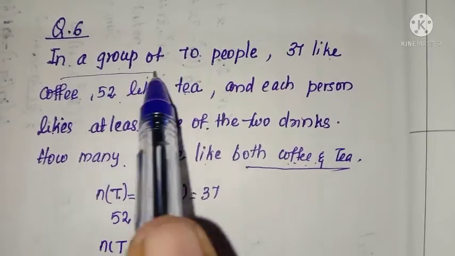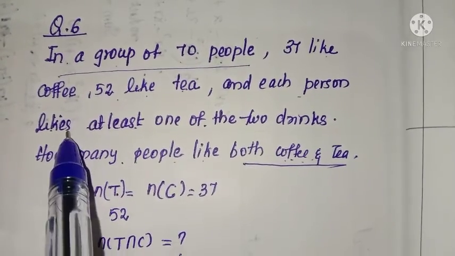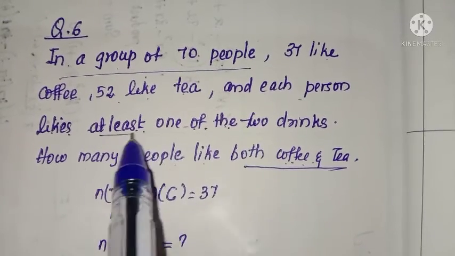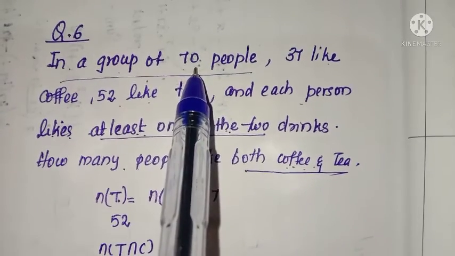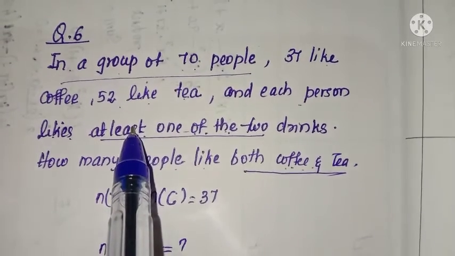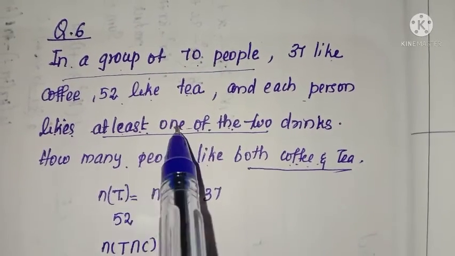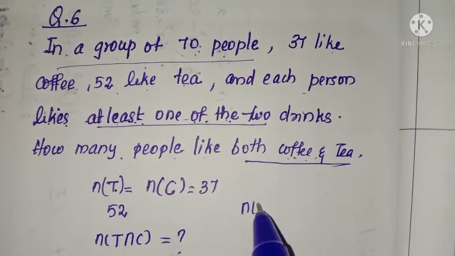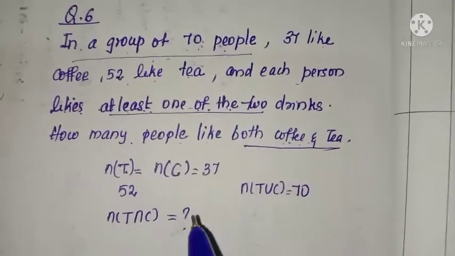In a group of 70 people, each person likes at least one of the two drinks. At least one means either tea or coffee, that is n of T union C, which is given as 70.